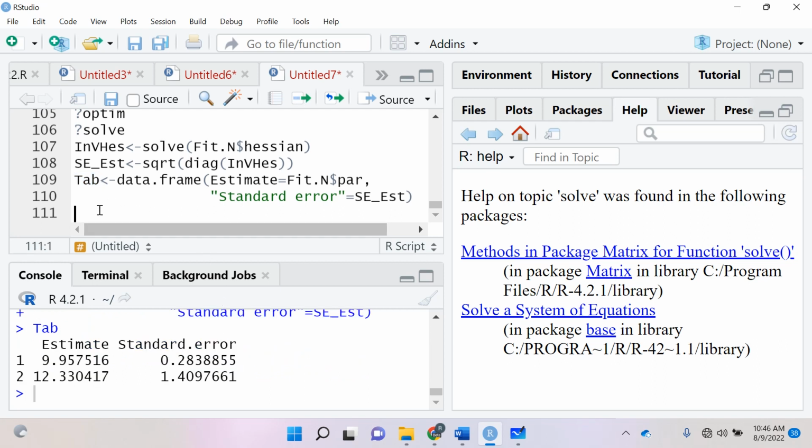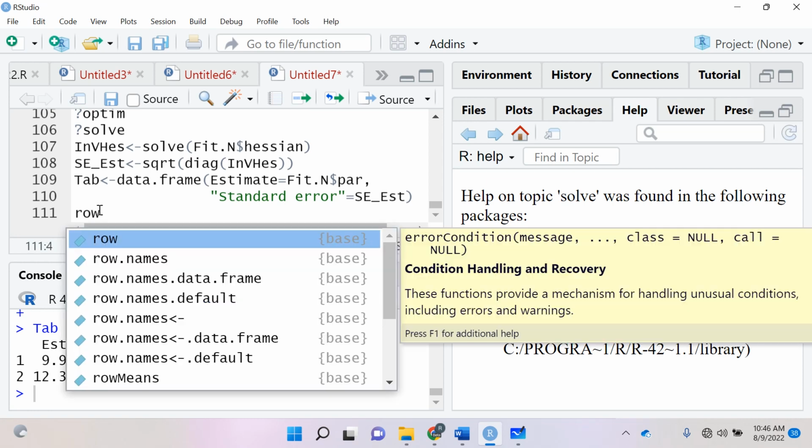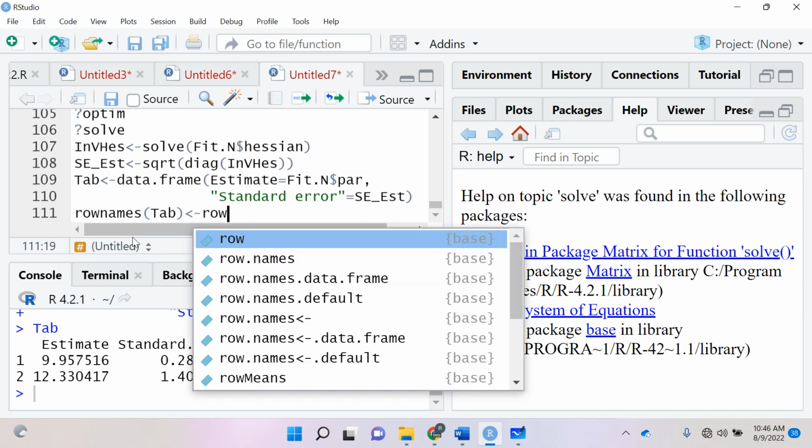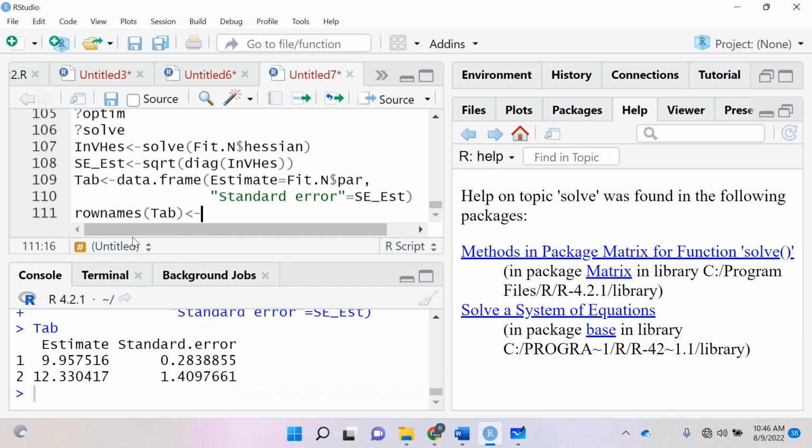If I want to name the rows, I can do so that it becomes easy for anybody to see this. So it's just row names. The first one is the mean, because that's the estimate of the mean. And the other one is the variance.